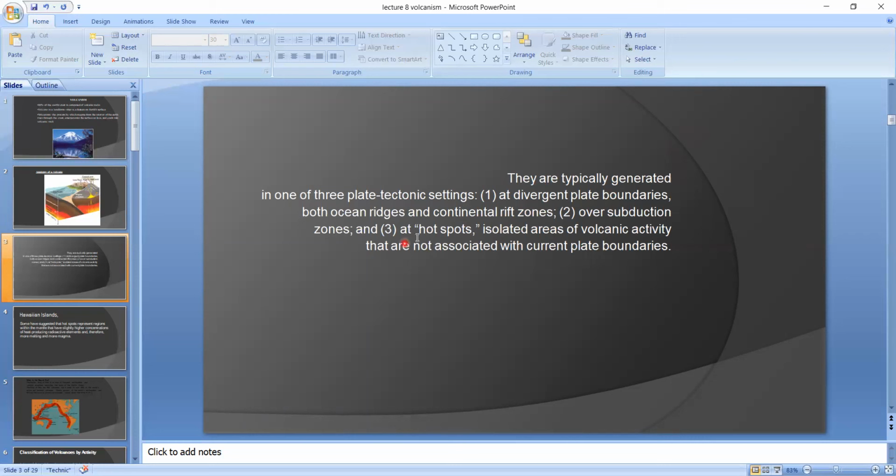The third type is hotspots. These are isolated areas of volcanic activity, irrespective of the landscape and land setting. Anywhere it can be formed.